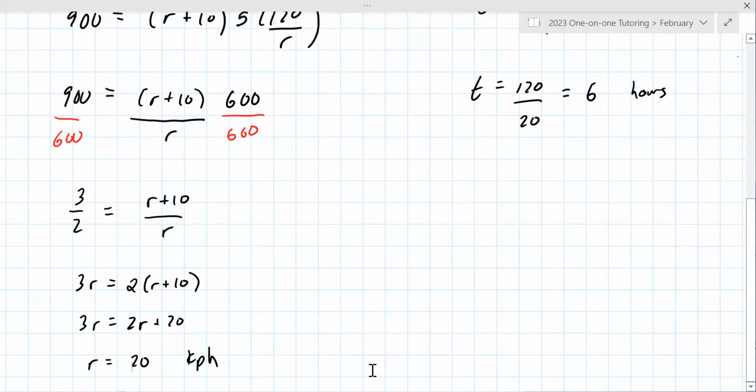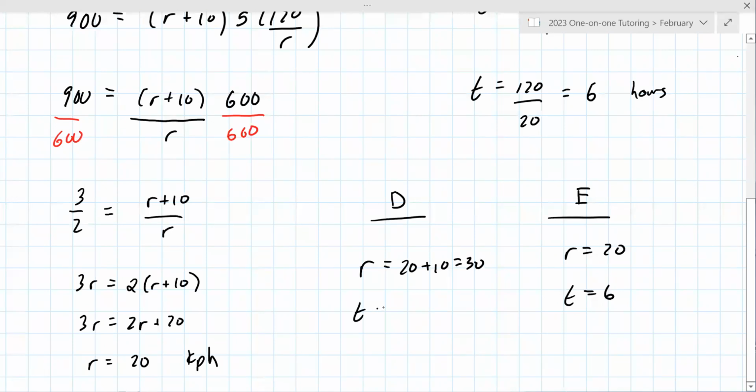The information I just found is for E. E's rate is 20 and his time is 6 hours. D's is 10 more than that, so his rate is 20 plus 10, which is 30. And D's time is 5 times the 6, which is also 30. All right. Good. Got it.